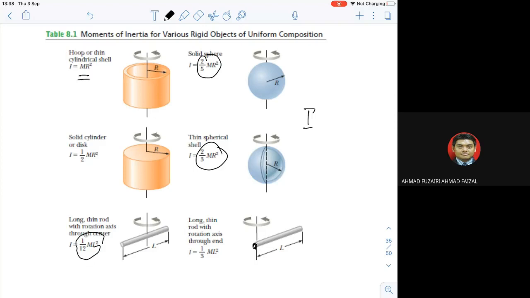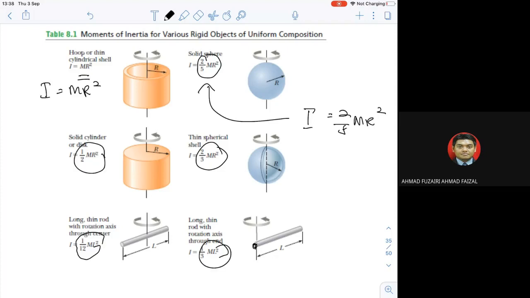So, for example, if we have a solid sphere, then I should be equivalent to 2 over 5 mr squared, while the original I is mr squared. But fortunately, you don't have to memorize all these I, because all values of I will be given in your appendix or inside your question paper.